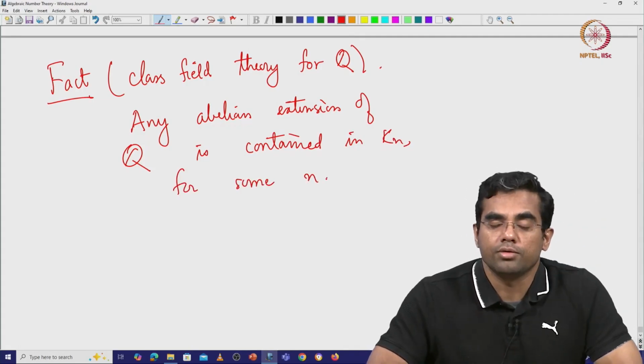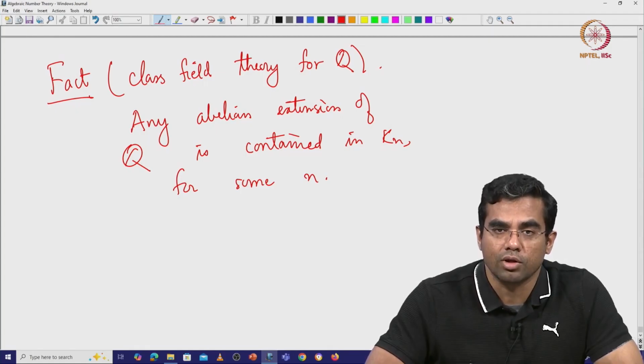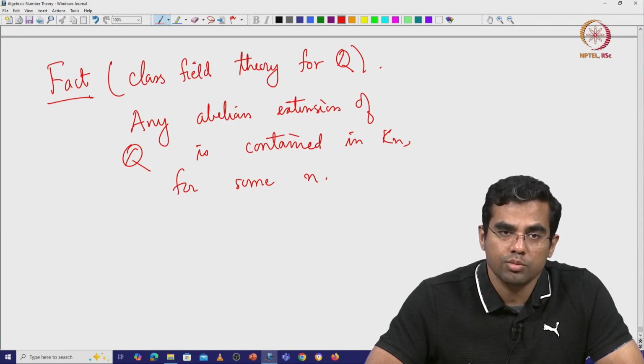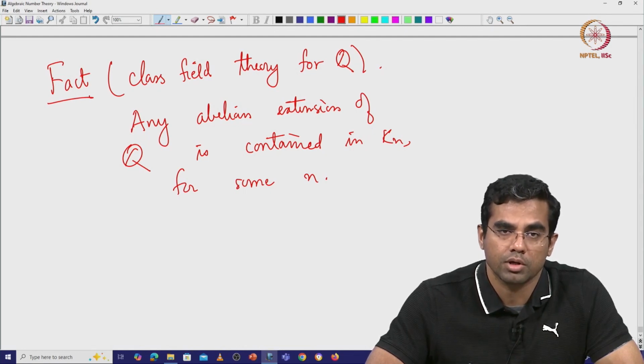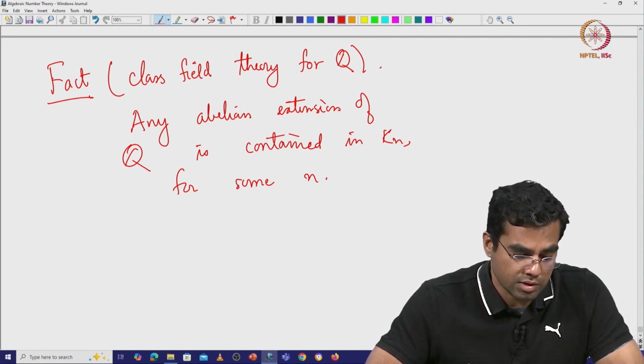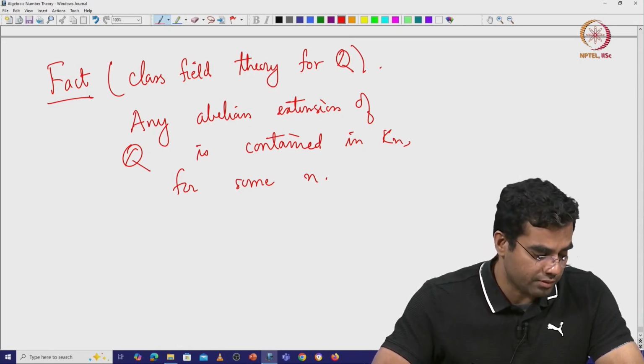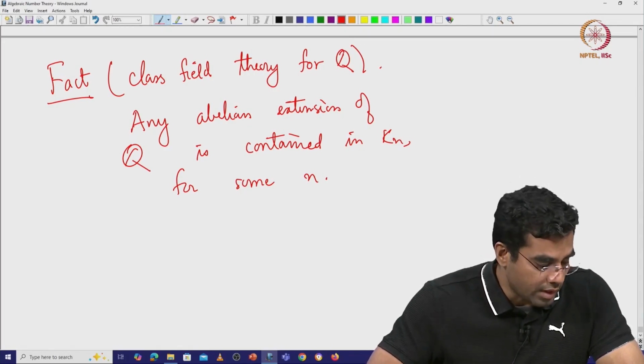For example, if you take a quadratic extension of Q, you can always find a root of unity zeta n such that that quadratic extension is contained in Q of zeta n. This can be proved in an elementary fashion using Gauss sums, but it is still an amazing fact that it can be embedded this way. It's deep, even if it's not very hard.